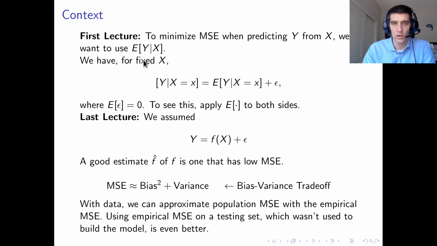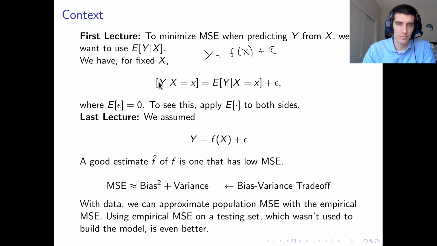Okay, and so we talked in the last lecture about this idea that y is some function of x plus epsilon. If we have a fixed x and some random noise term epsilon, we can write the random variable y, for some fixed x, as its expectation plus some noise.